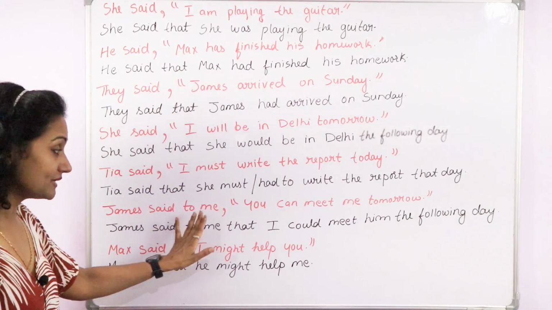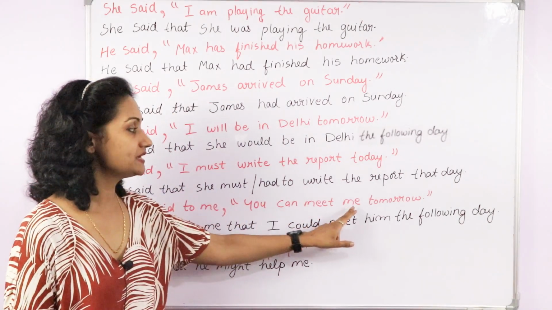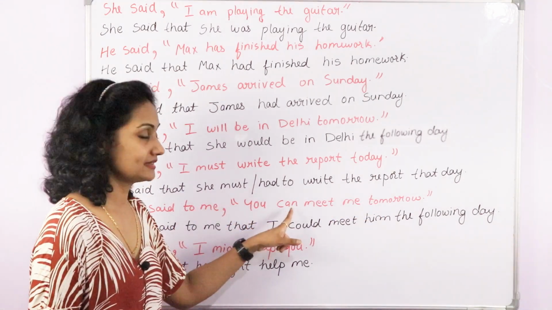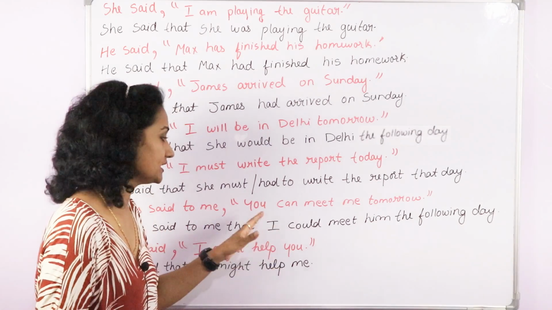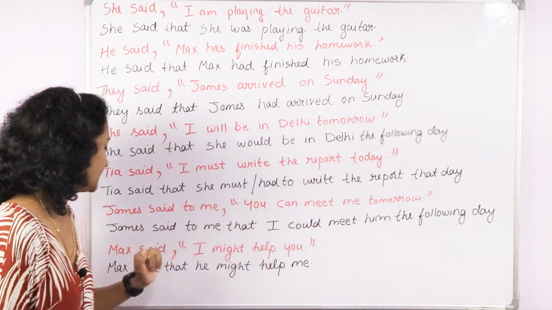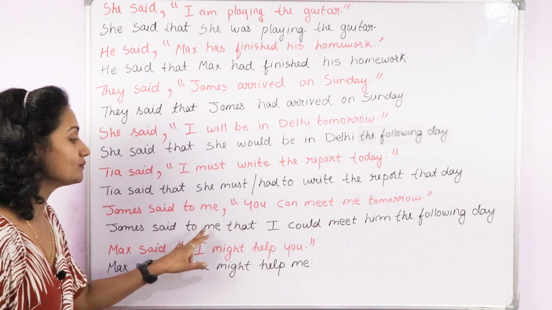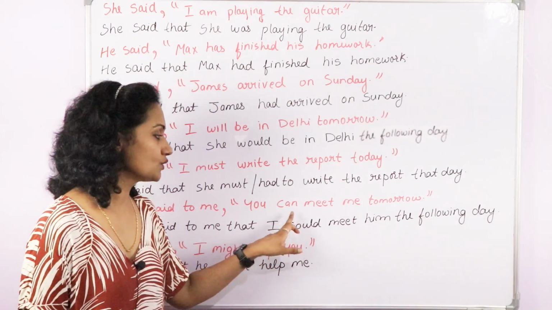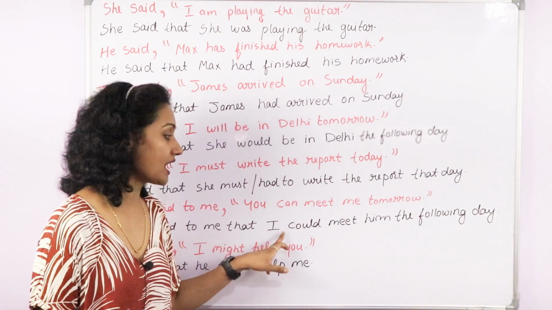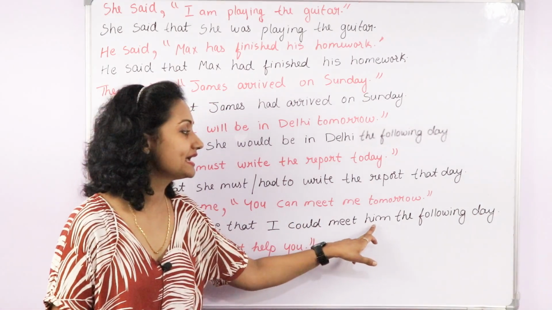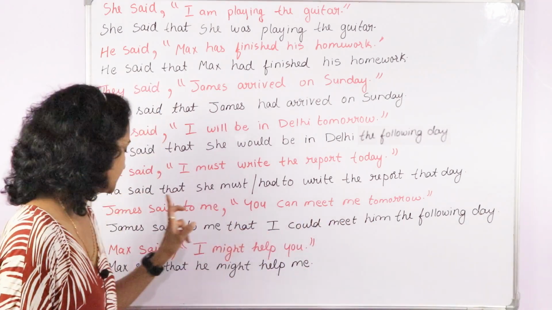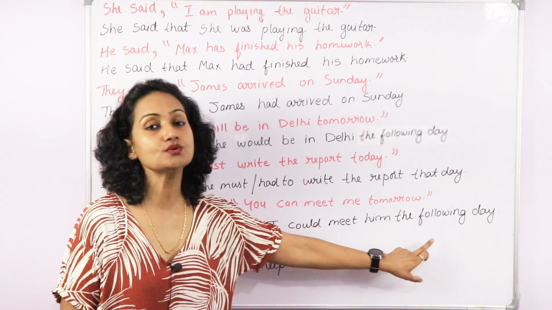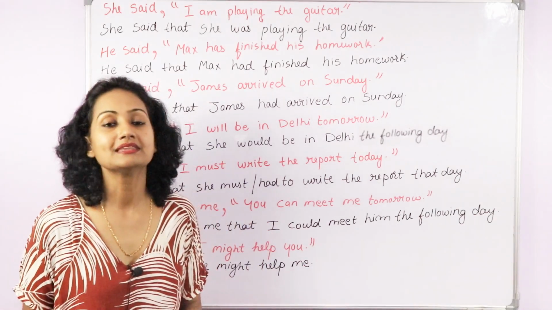James said to me, "You can meet me tomorrow." So James said it to me, you can, that means I can meet him. So James said to me that I could, can will change into could, I could meet him, James, the following day. Tomorrow will change into the following day or the next day.